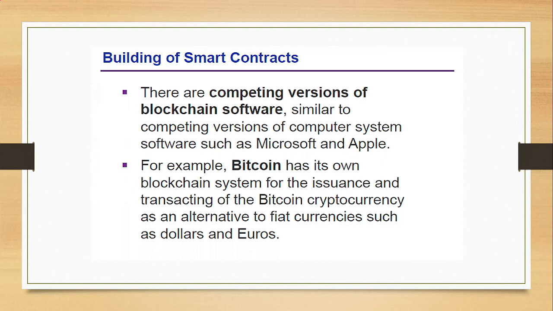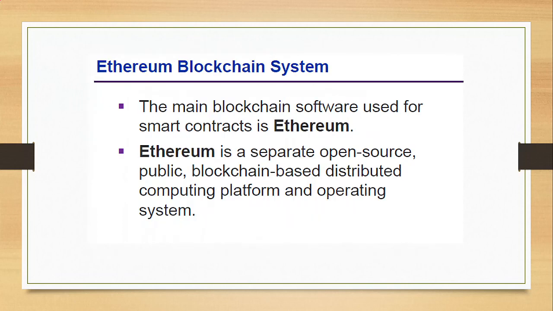As I've mentioned, as you can see, the first version of blockchain used Bitcoin. Then the second version is using the smart contract. And this smart contract needs to use a particular software, which is Ethereum, right?